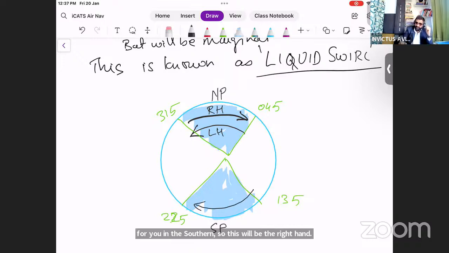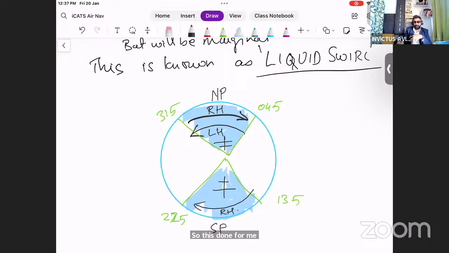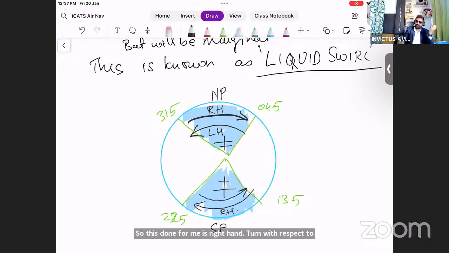Remember, here this is with respect to the aircraft heading north, and here I'm showing this with respect to the aircraft heading south. So this turn is a right hand turn with respect to this heading, and this turn is a left hand turn with respect to this aircraft.